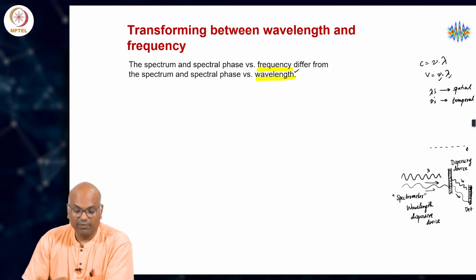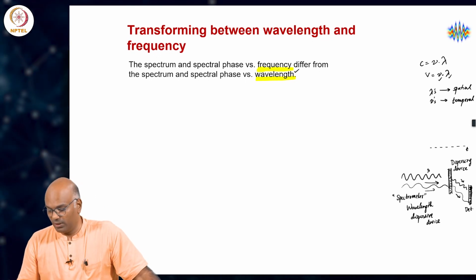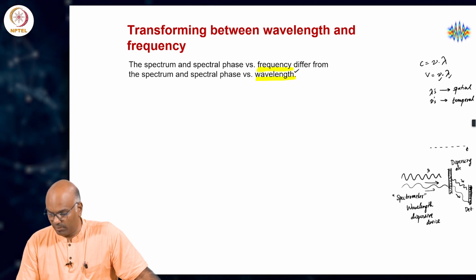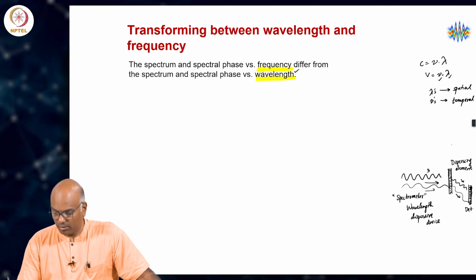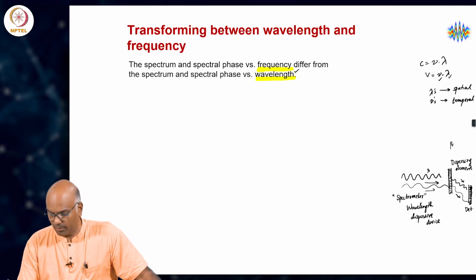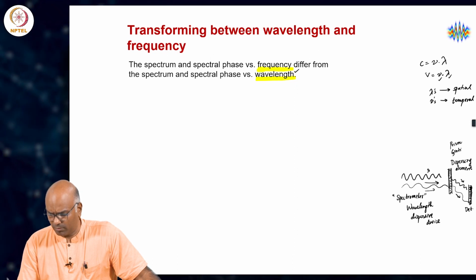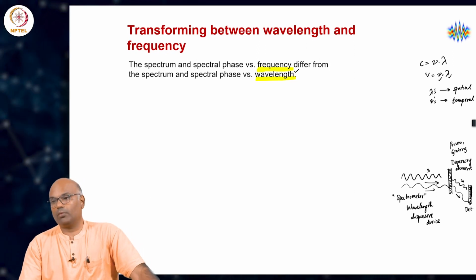So, then we are measuring wavelengths. This is easier done, as simple as that, because the dispersing element of this device is a prism or a grating.